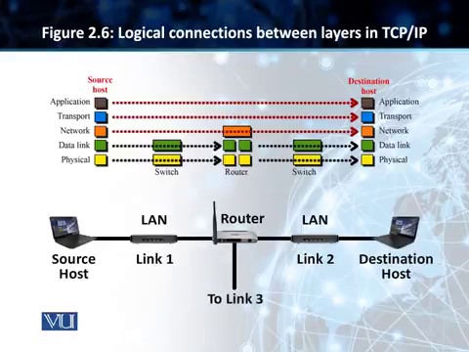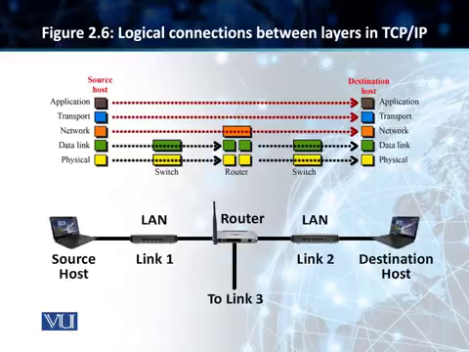So what we can say is that the domain of the duty of the top 3 layers, application, transport, and network, is the internet. They span the internet and go all the way to the destination side. But the domain of the duty of the 2 bottom layers, the physical and the data link layer, is the link, not the internet. The link that exists between that particular layer at the source and the logical connectivity of that with the switch and the router.